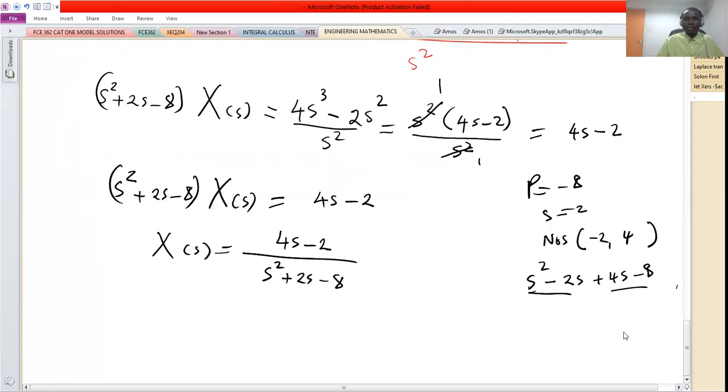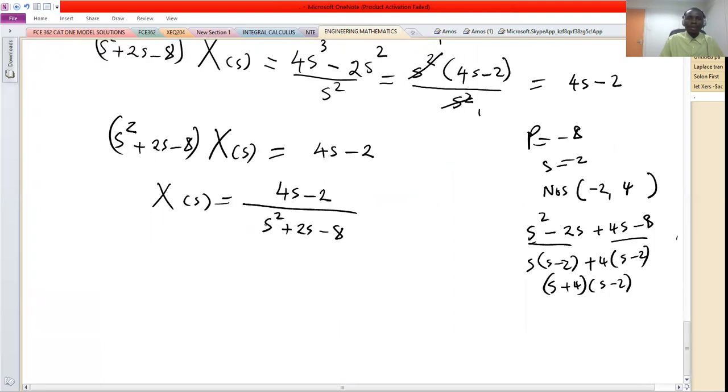So common here is S into S minus 2 plus 4 into S minus 2. So S plus 4 and S minus 2 becomes the factorization of this. So capital X of S equals 4S minus 2 over S plus 4 and then S minus 2.